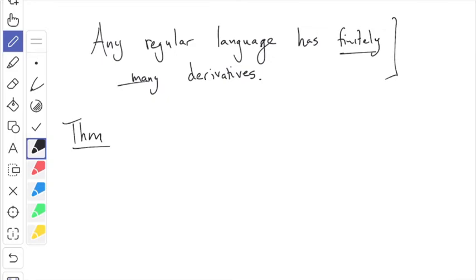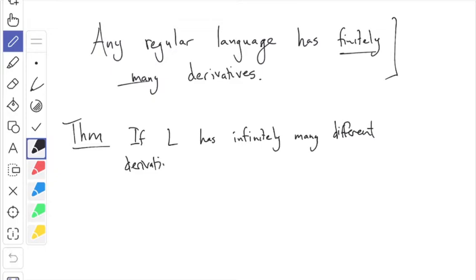The other way around would say if L has infinitely many different derivatives, then L is not a regular language.